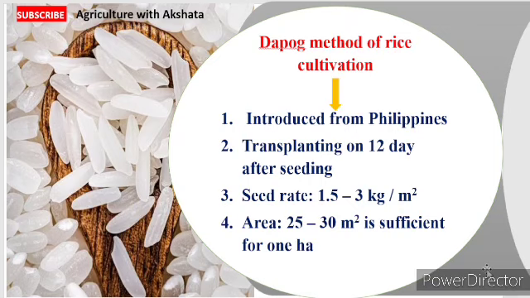The System of Rice Intensification, that is the SRI method, was developed in the year 1983 in Madagascar by Henri de Laulanié, and it was introduced for the first time in Tamil Nadu in the year 2000. The seed rate required for the SRI method is 5 kg per hectare.